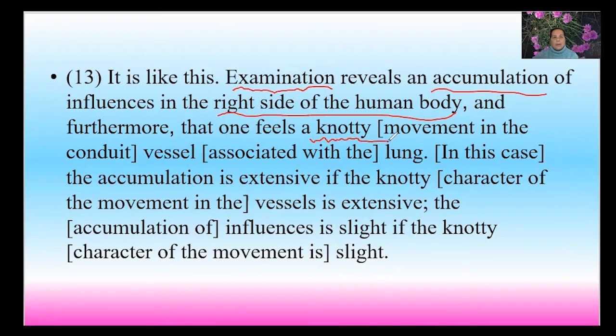So when we find the patient has stagnation, with symptoms showing up on the right side of the body, we feel the pulse, especially in the lung position, and we find the knotted pulse. So that should be matched.